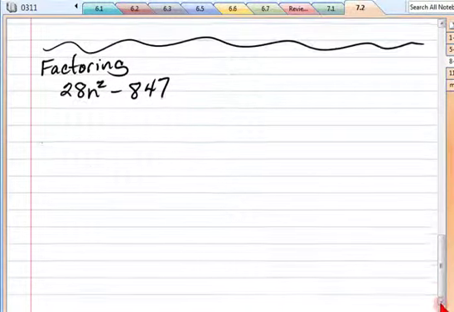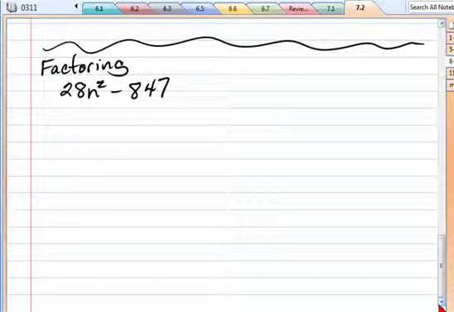What can I do? Do you think there might be a common factor? I hope so, because that's a square. So I'm hoping for difference of squares, but 28's not a perfect square, and I don't think 847 is. So I've got some of y'all with calculators piddling with it. What will go into both of those?